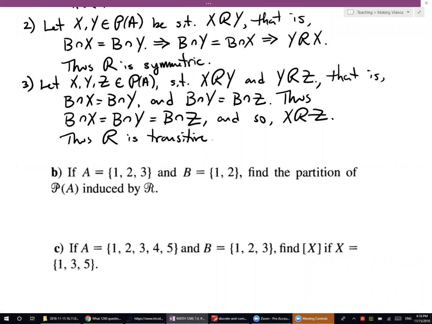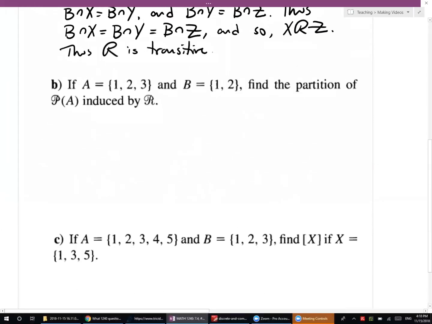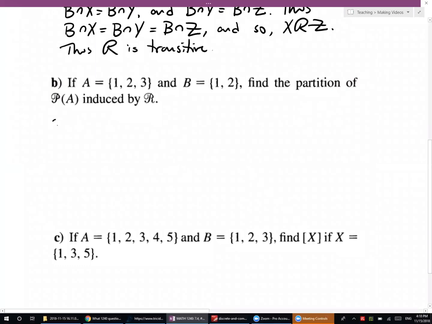Okay, so what are the partitions? Well, first off, there's the set of things that are equivalent to the empty set. Let's start there. If I intersect the empty set with B, I get the empty set. So the empty set is equivalent to everything else that also intersects with B and gets the empty set.